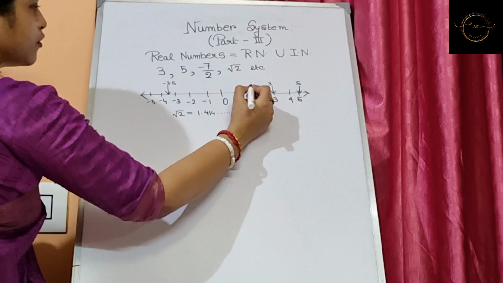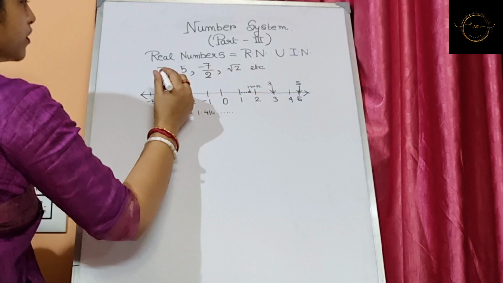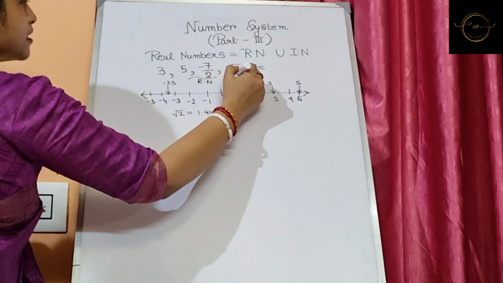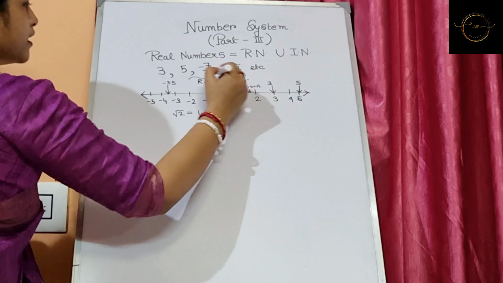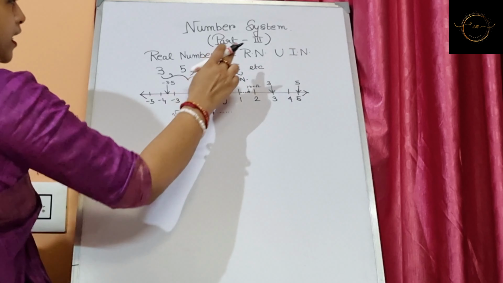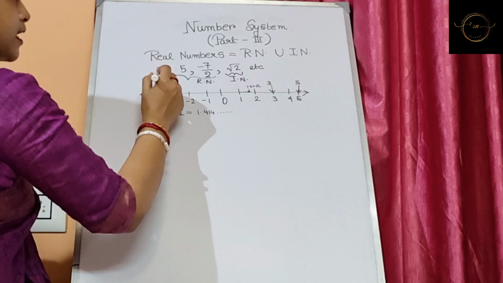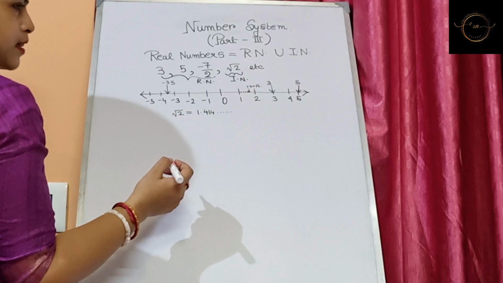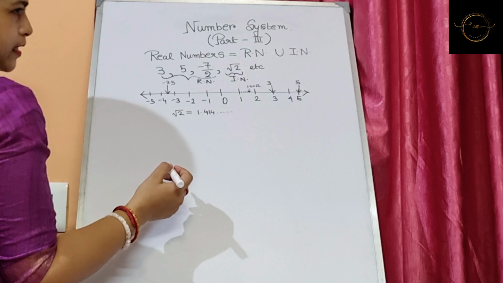So we can understand that all numbers, whether rational or irrational, can be plotted on the real number line. Hence we conclude that the real numbers are the union of rational numbers as well as irrational numbers.